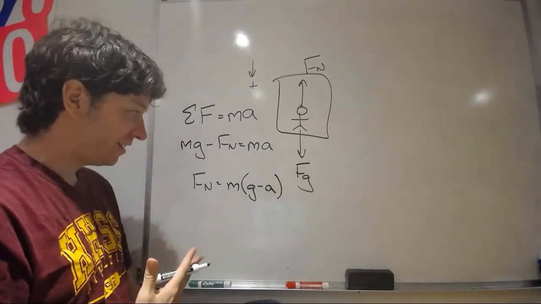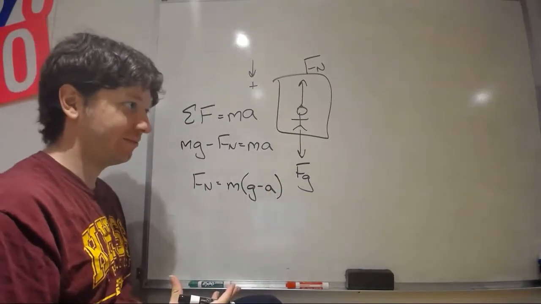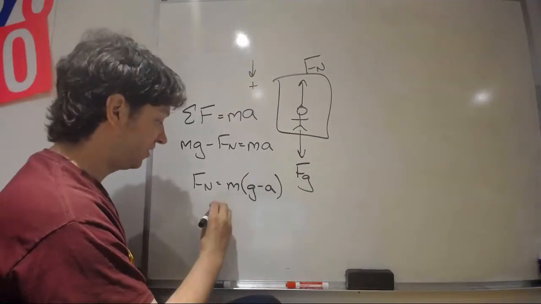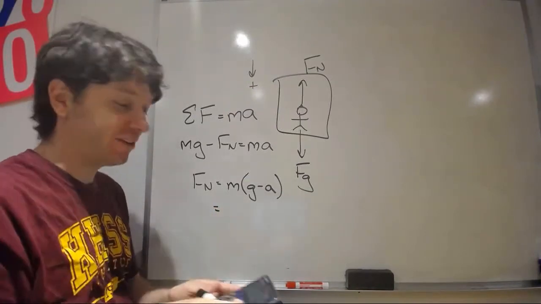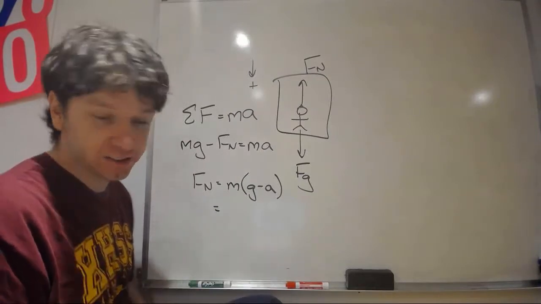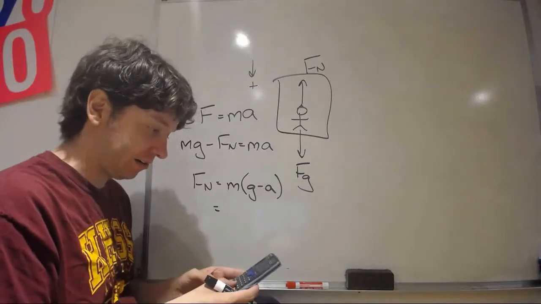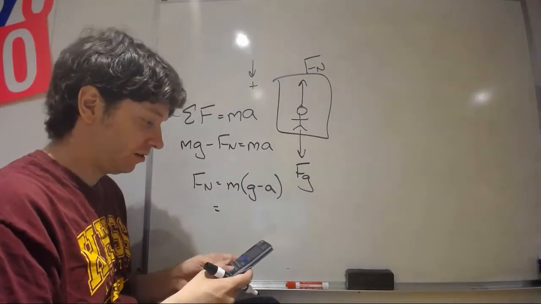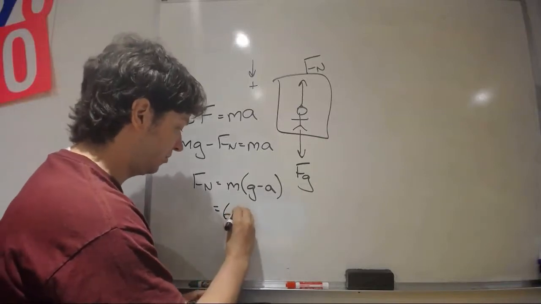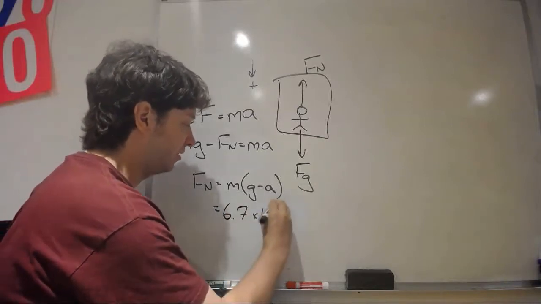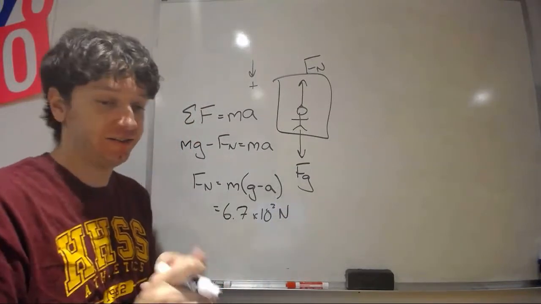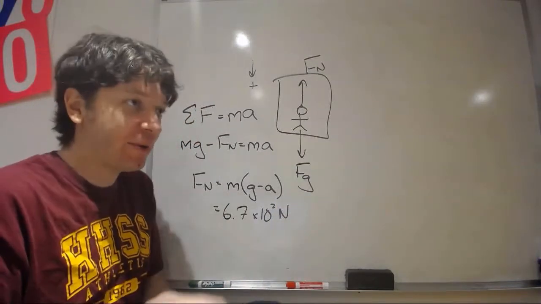So again, it seems like the acceleration is now making gravity a little bit less on you. And if we plug in our numbers, which is 75 times 9.8 minus, what's our acceleration, 0.9, we get 667.5, or 6.7 times 10 to the 2 newtons. So indeed our weight has decreased. Okay, so that's apparent weight.